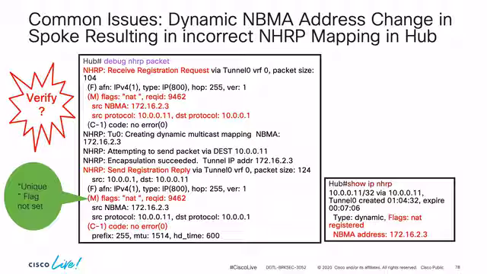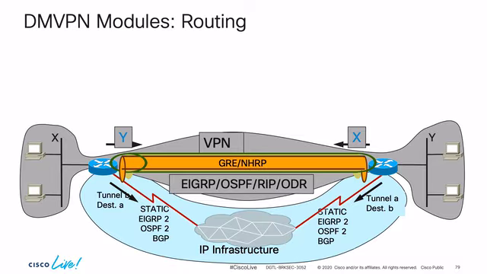So we've gone through the three modules, which are the physical layer, the encryption module, and the GRE and NHRP module. The last module within DMVPN is routing.